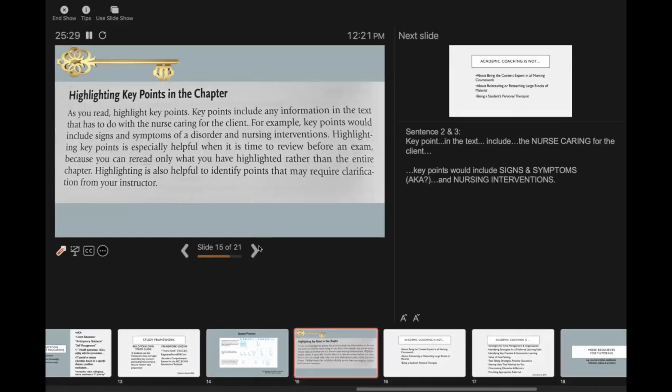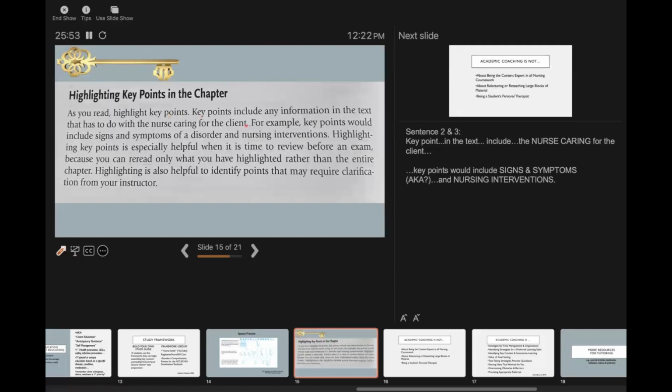This slide is just an example. This came from Silvestri, who also has another study skills test taking book. I just wanted to point out where it's talking about in reading, where it says highlight key points. And it says key points include any information in the text that has to do with nursing care of the client. Okay. What did we just say a few minutes ago?